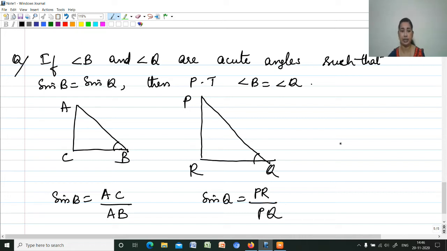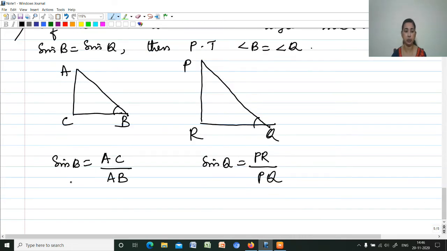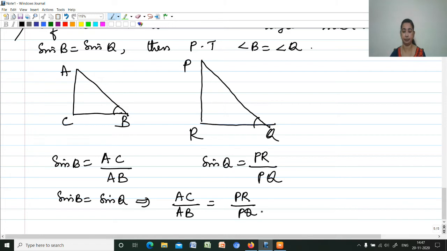And given that sine B is equal to sine Q, that means AC by AB is equal to PR by PQ. Let it be equal to a constant, let it be K. So now we have to prove that angle B is equal to angle Q. We have to show that these two angles are the same. For that we can find what is BC.